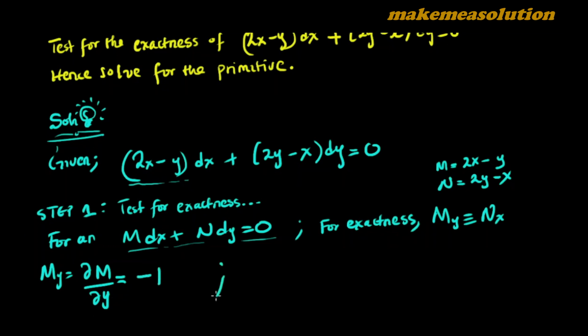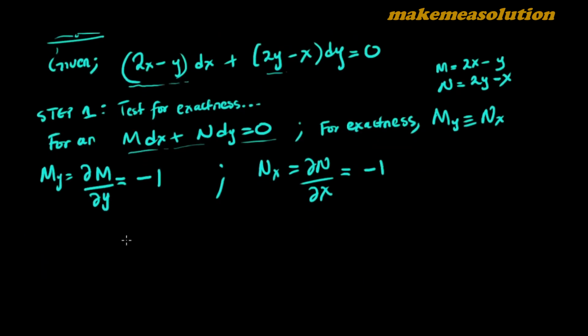Nx this time around is the partial derivative of N with respect to x, and of course when you differentiate 2y with respect to x partially, you get 0. When you differentiate minus x, you get minus 1. So we have that our My is equal to Nx and they are both equal to minus 1. So hence the differential equation is exact.